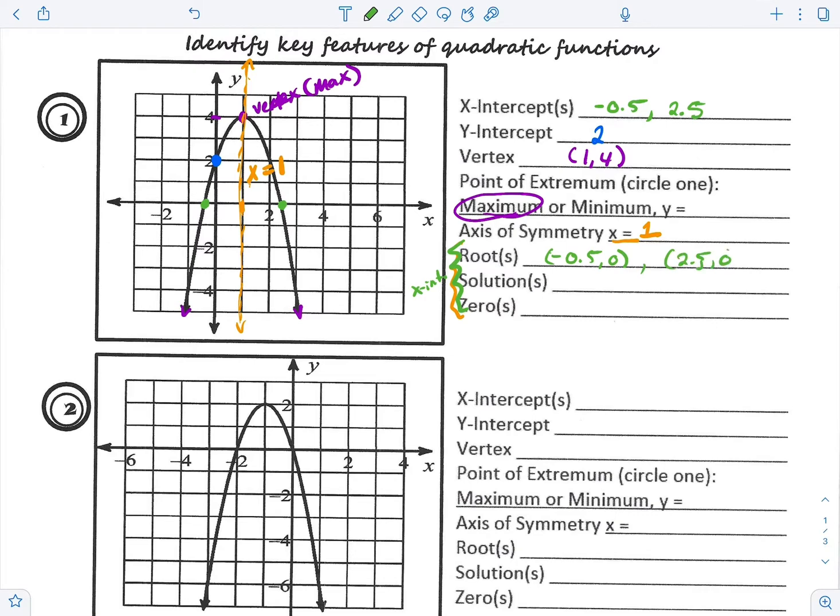Now I'm just writing it in point form. And then you write the same thing here. Now you try number 2, looking at number 1 to guide you.